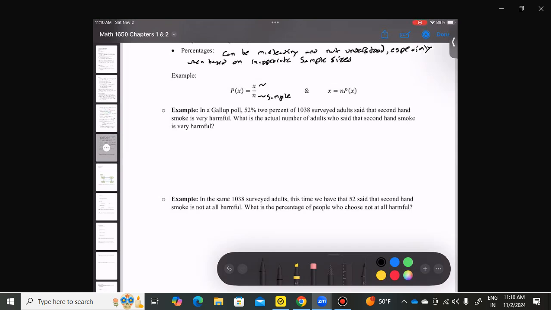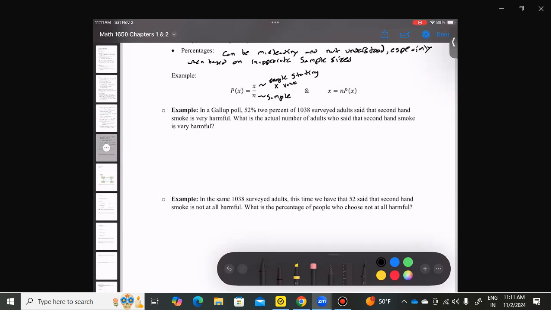X is the people stating whatever X is, X opinion or X value. And then P of X is that probability or that percentage or proportion for that matter. So it doesn't have to be probability, but you can think of it as a probability, but you can also think of it as a proportion.